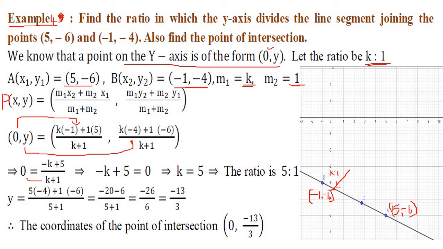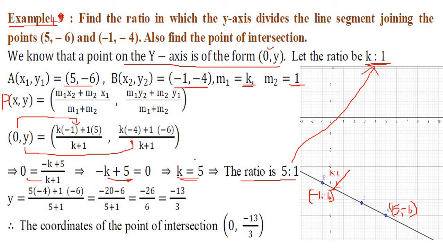So you will get -k plus 5 is equal to 0. Then transpose k to the RHS, it becomes plus k. Therefore k is equal to 5. So the ratio is 5:1, because we have taken the ratio k is to 1. That's why the value of k is equal to 5.